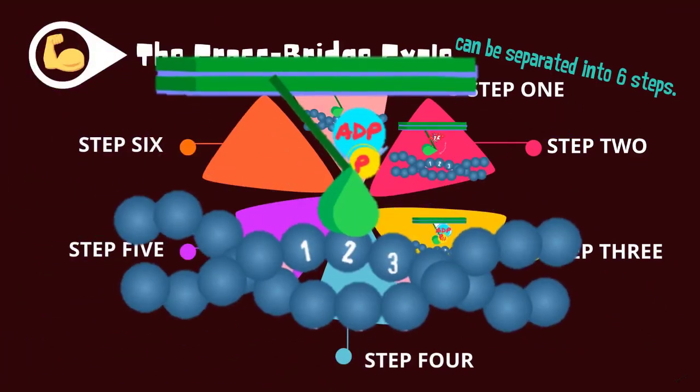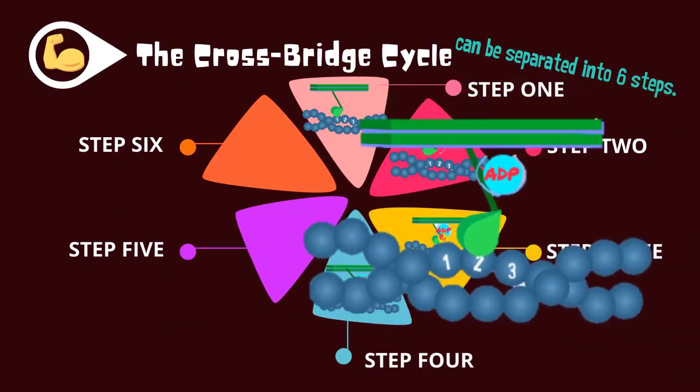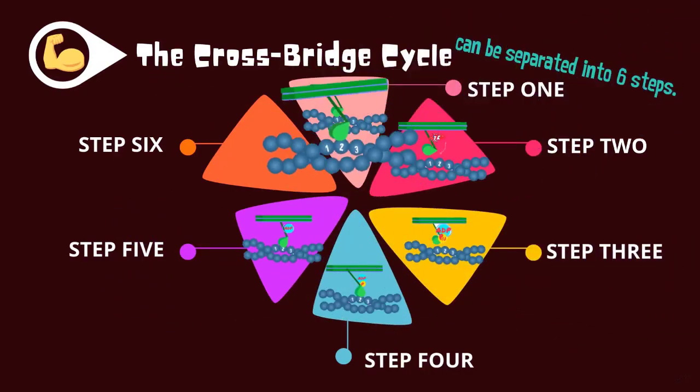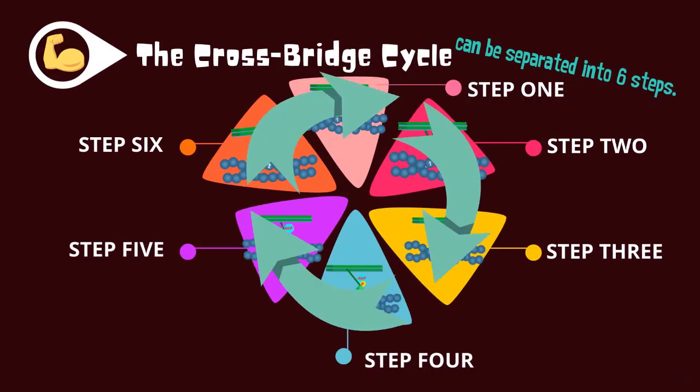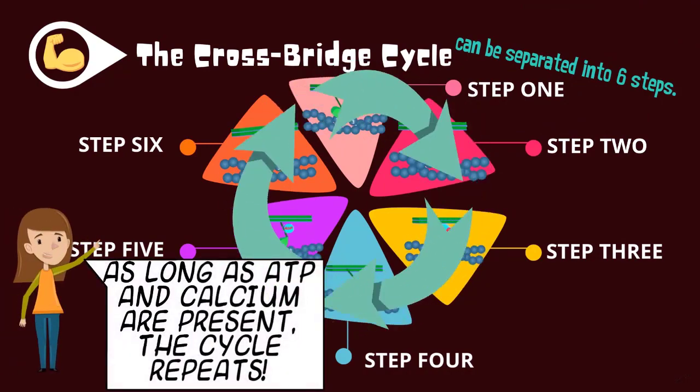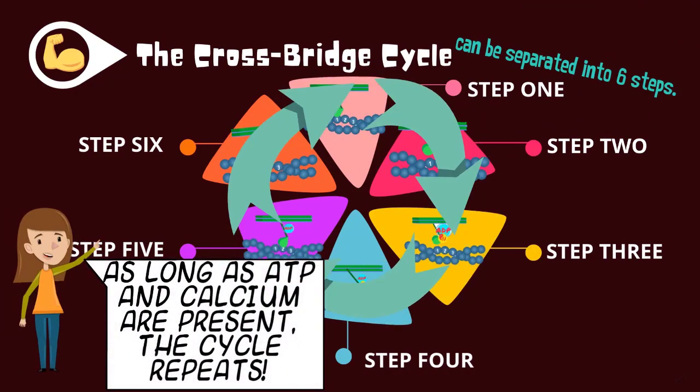So we just went through the cross-bridge cycle in 6 easy steps. As long as ATP and calcium are present, this cycle repeats.